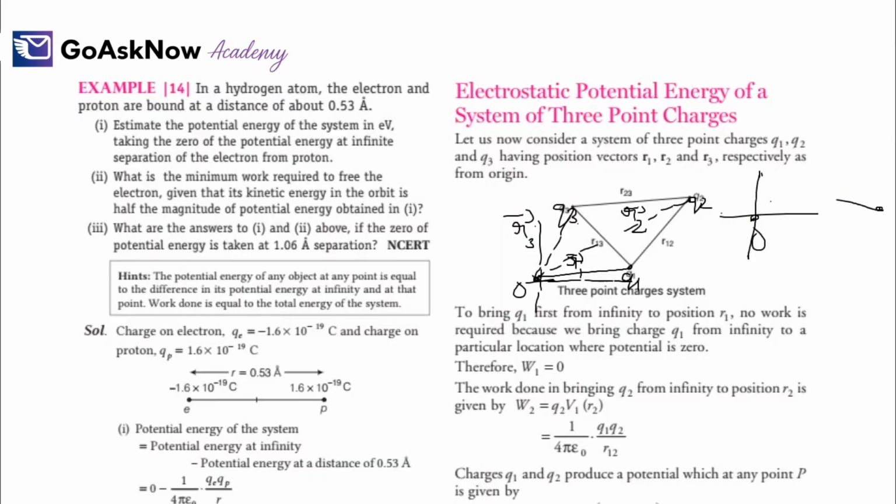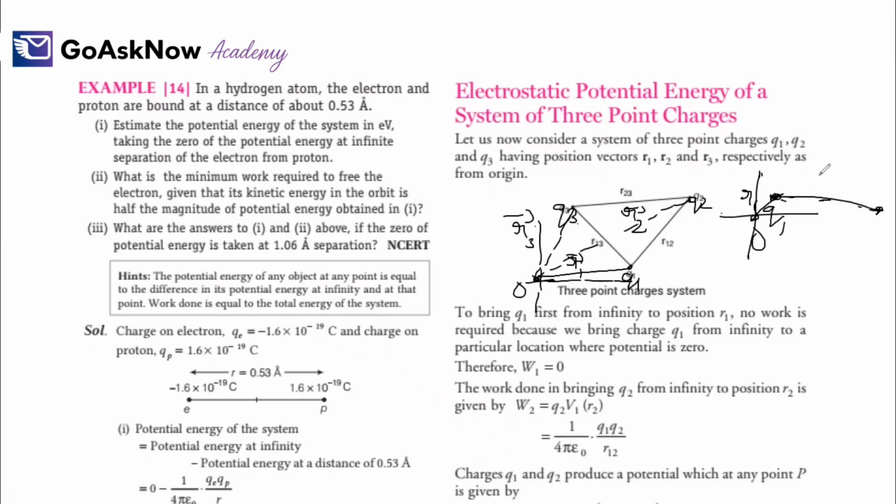If you bring Q1 from infinity to position R1, there is no potential difference from here to here, so there is no electrostatic potential energy of the system here. That will be equal to 0.